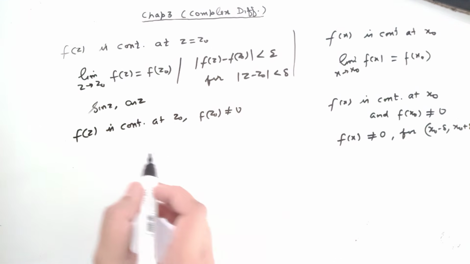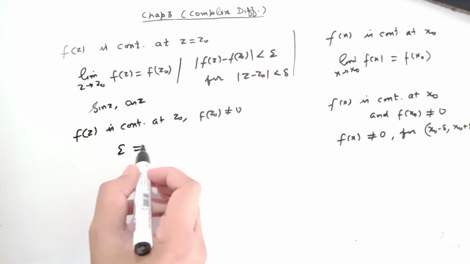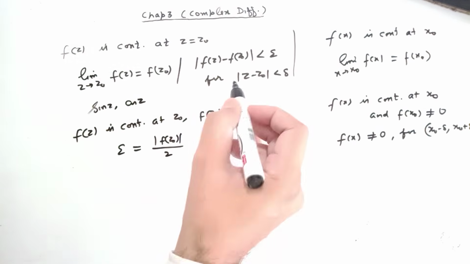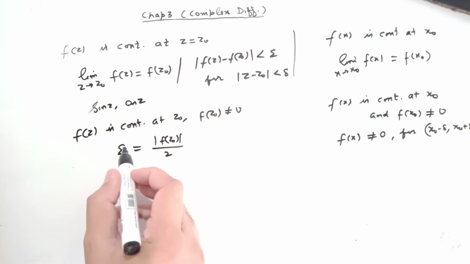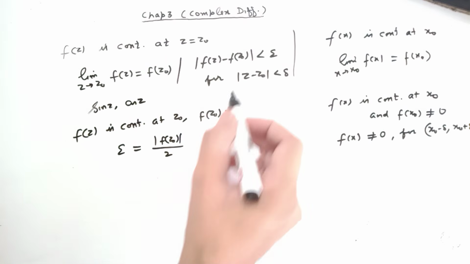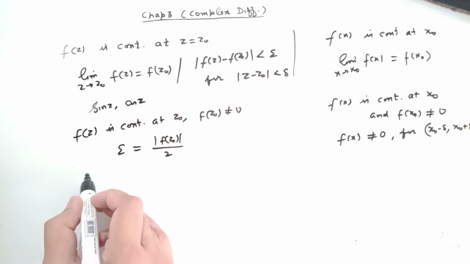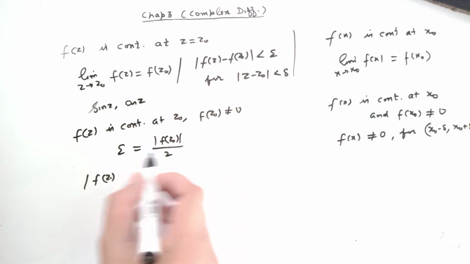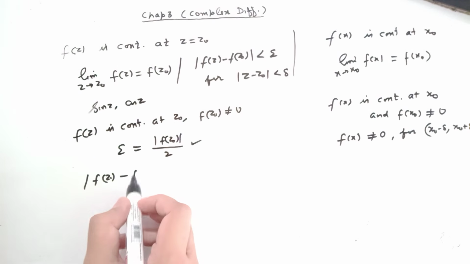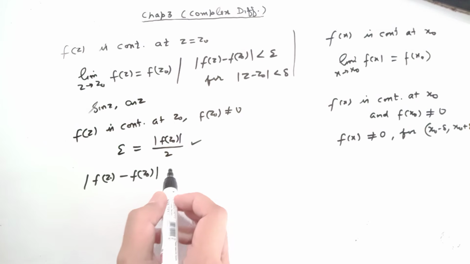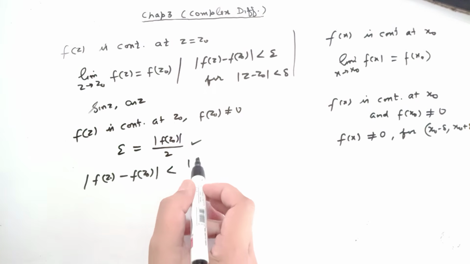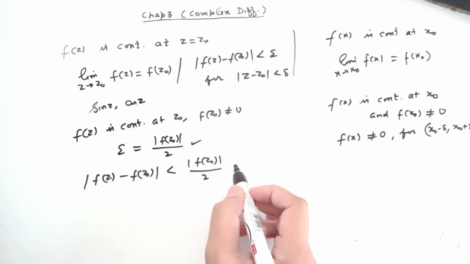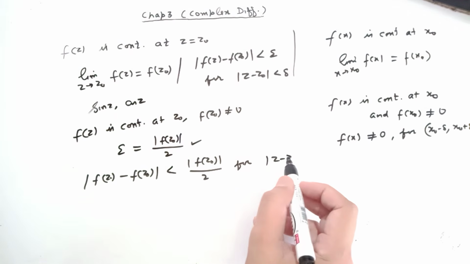So in this definition, if I choose epsilon equal to mod f(z0) divided by 2, because function is continuous, what do I get? There must exist some delta corresponding to this epsilon value such that mod f(z) minus f(z0) is less than mod f(z0) over 2 for some neighborhood mod z minus z0 less than delta.